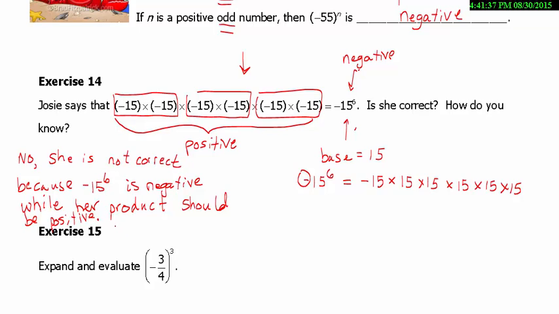It should say negative 15 to the 6th power, where the negative 15 is in parentheses.